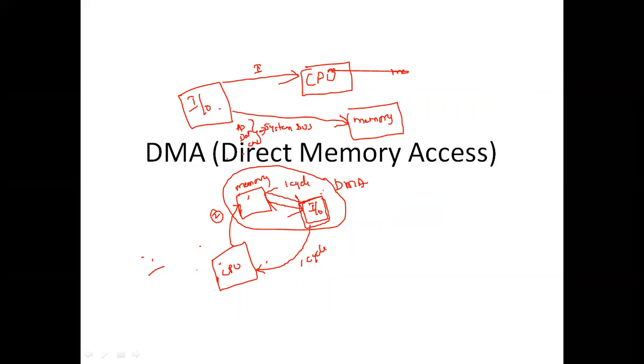So in order to transfer the data from IO to memory, we need a system bus. But the system bus is with the CPU, and we can't transfer without it. So the IO is going to send an interrupt signal to the CPU: I want to transfer a bulk amount of data to the memory, so you release the system bus so that I can take charge of it and do my work.